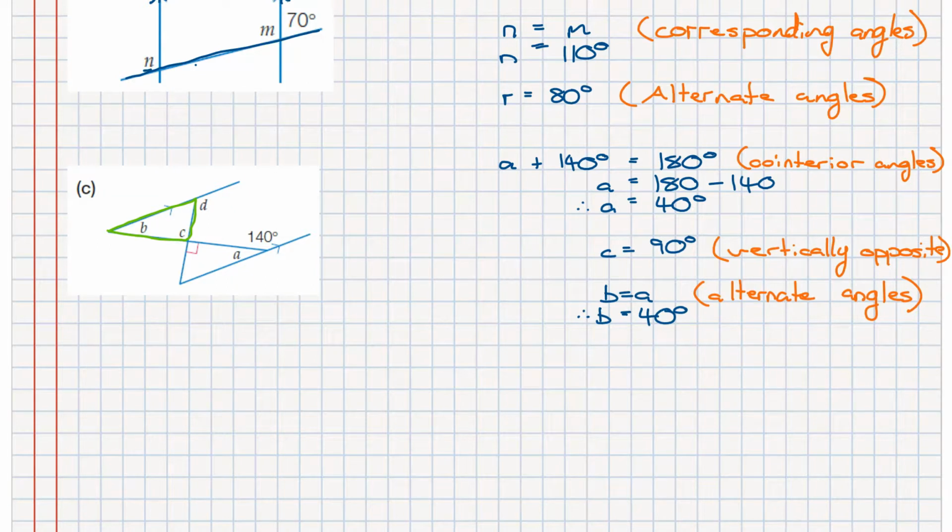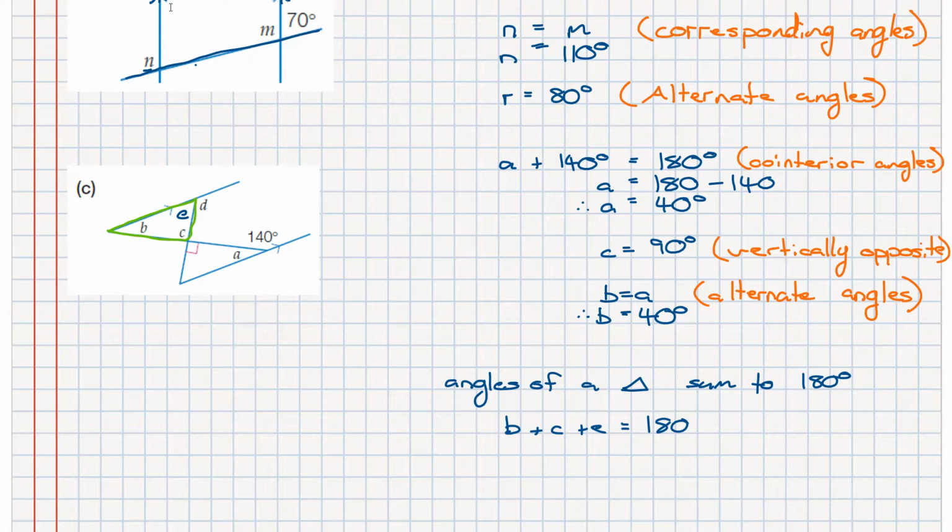Now, looking at this, what we know is that the angles in a triangle sum to 180 degrees, like so. So therefore what we'd expect is that B plus C, and we'll call this one in here E, must equal 180. So B plus C plus E must equal 180.